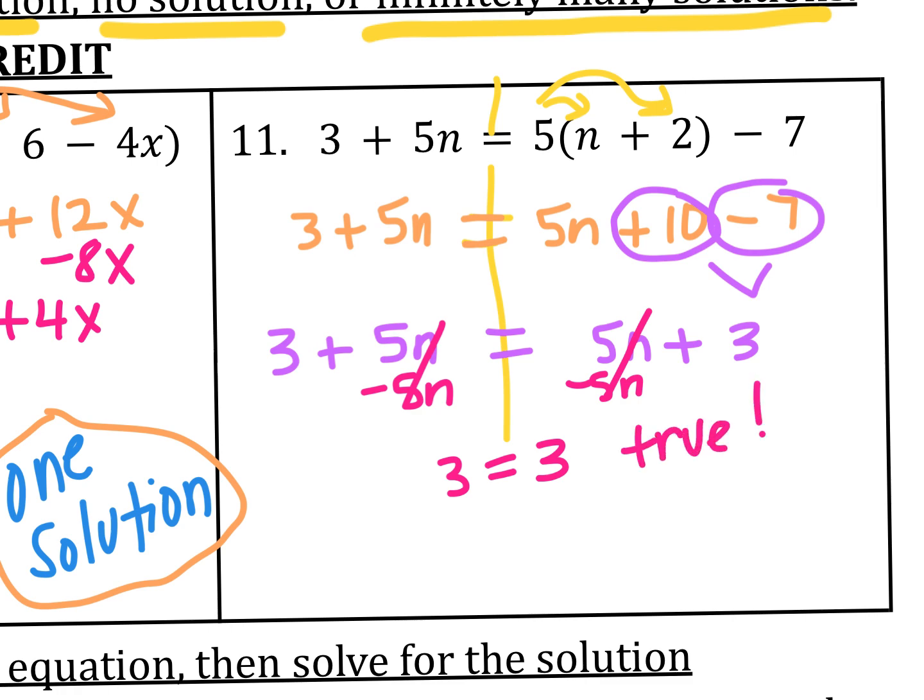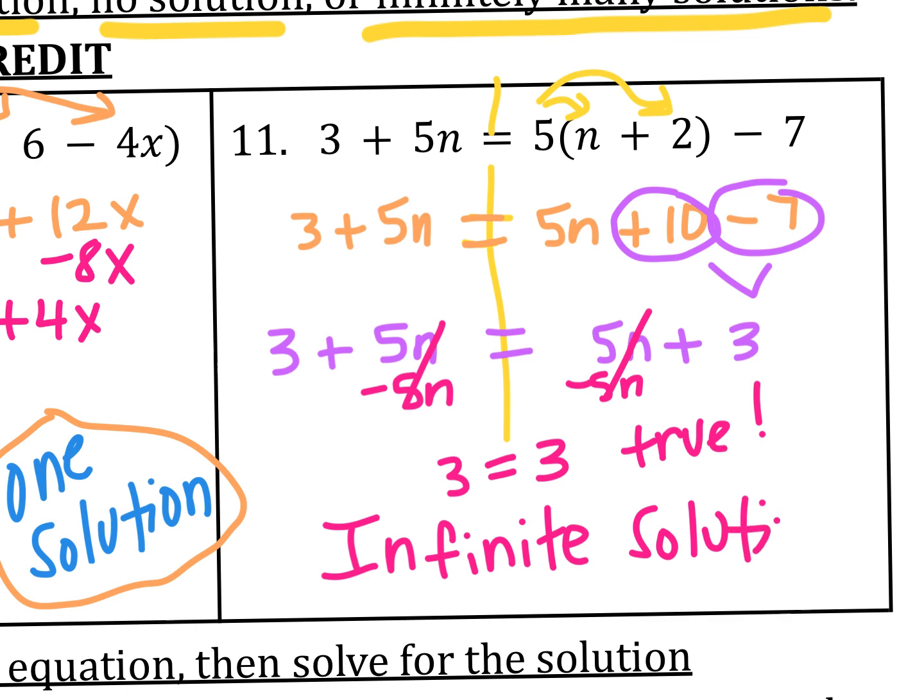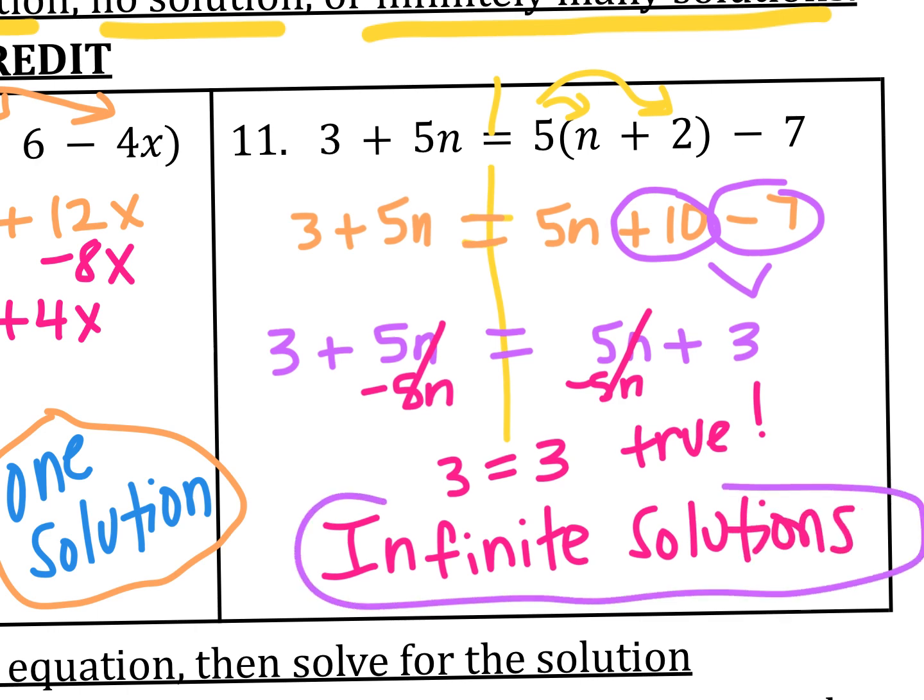Yes, true. So true means they're twins. So our answer is infinite solutions, or infinitely many solutions, because we got the same thing on both sides of the equation.